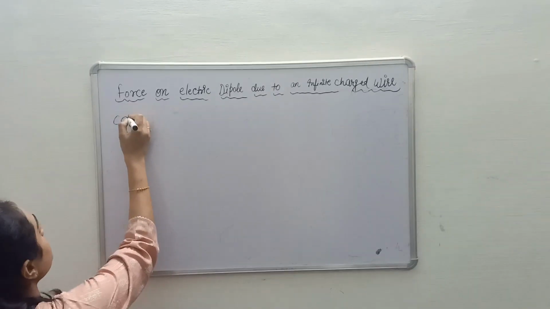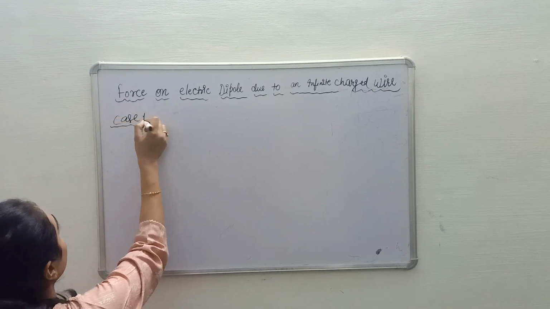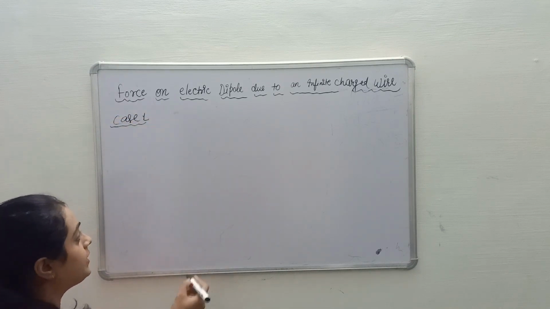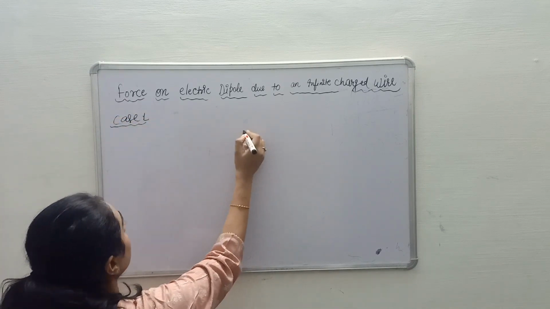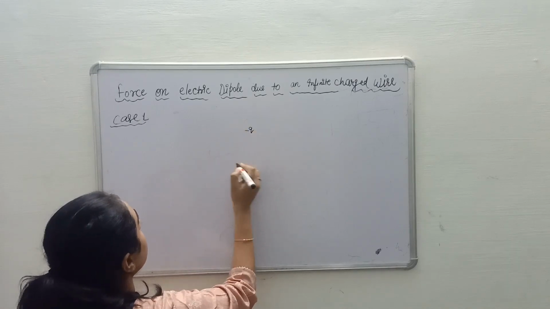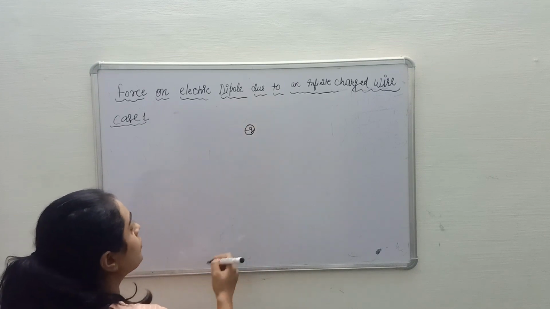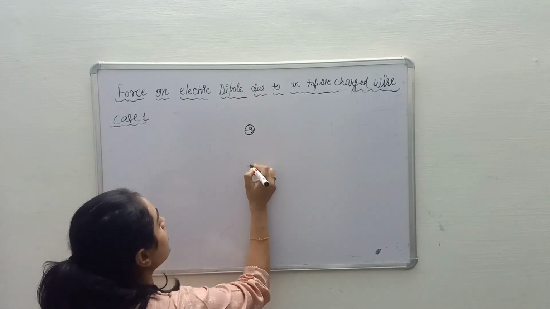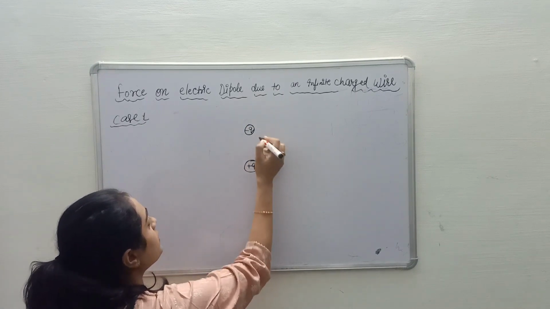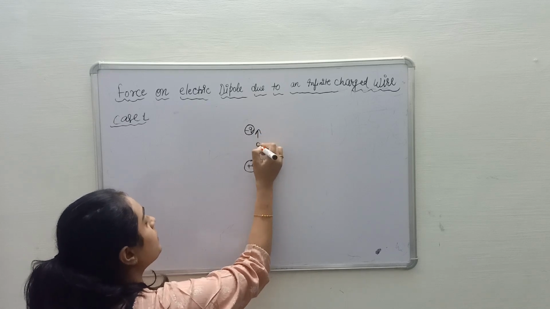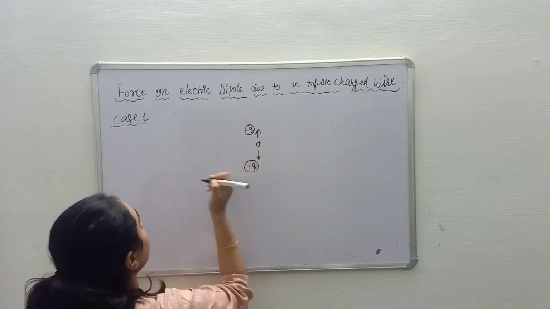In the first case, the dipole is placed in the direction of the wire. The dipole is the combination of a negative charge and a positive charge, equal and opposite, and the distance between them is d.